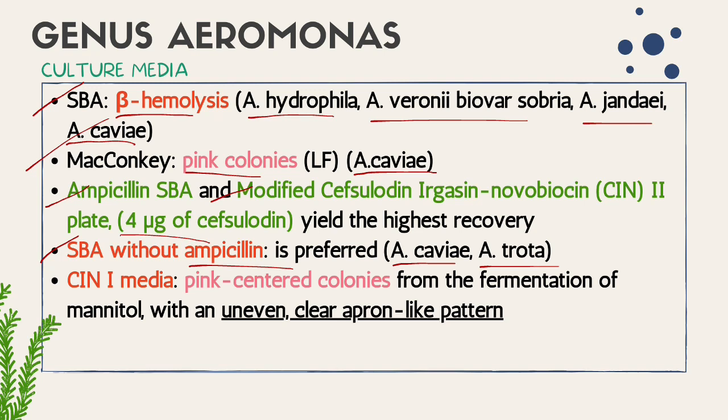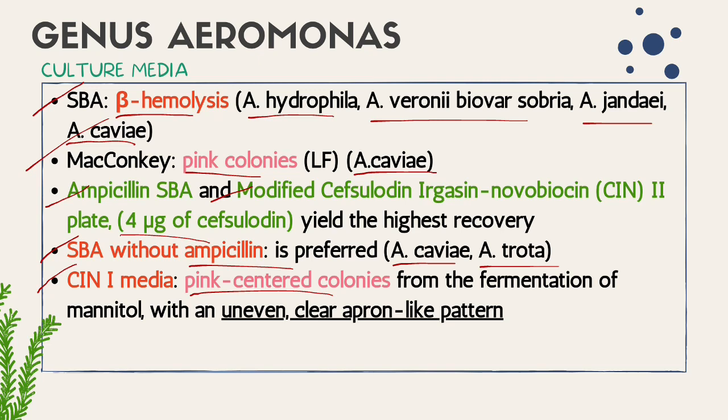CIN1 media is just the classical form of our modified CIN2 plate. In CIN1 media, your Aeromonas appear as pink-centered colonies from the fermentation of mannitol with an even, clear apron-like pattern.